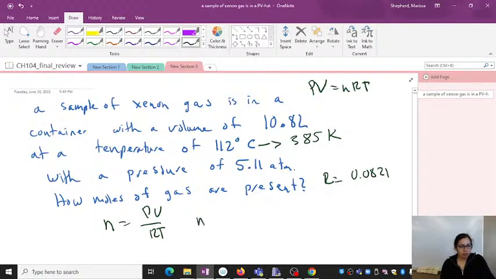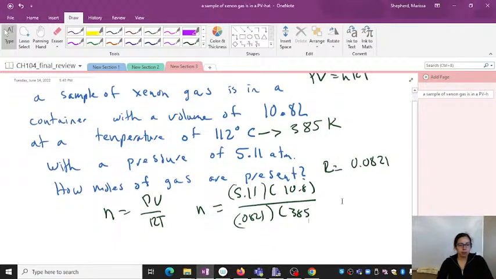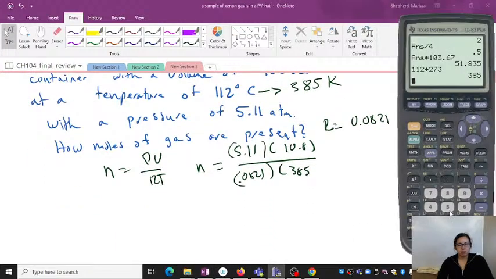So we have everything, so N. Now I'm just plugging in everything, so pressure, volume, gas constant, and our 385. And so what do we get for N? 1.74. Is that what other people got? 10.82.